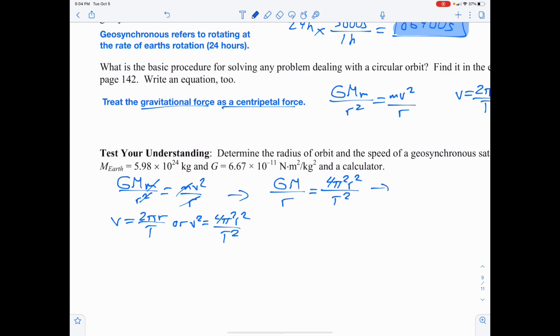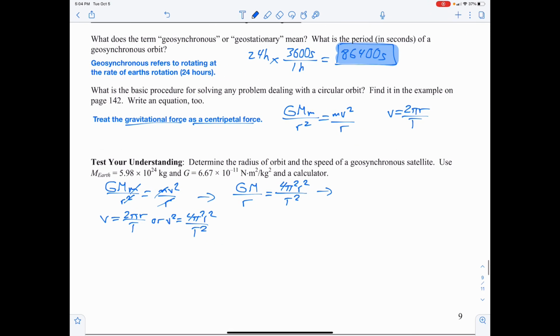When you combine those r's together, we get T squared equals 4 pi squared r cubed over G times big M.